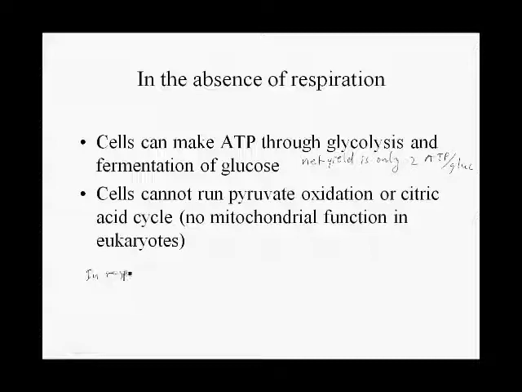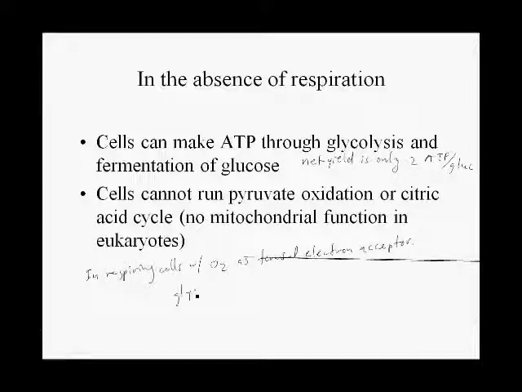In respiring cells with oxygen as the terminal electron acceptor, glycolysis yields a net 2 ATPs per glucose. The citric acid cycle also yields 2 ATPs per glucose.